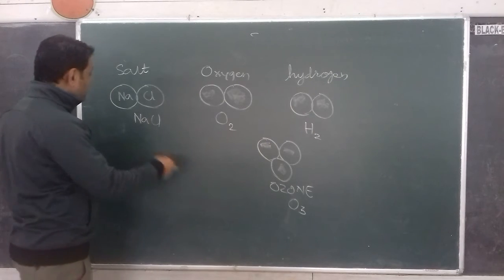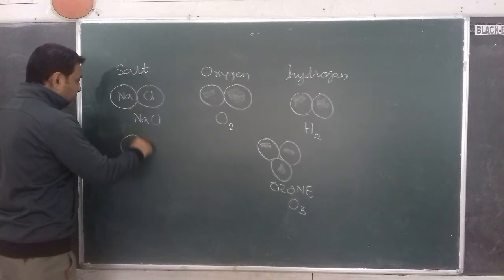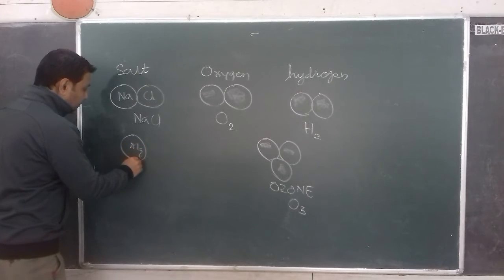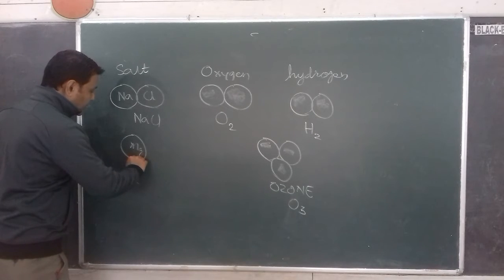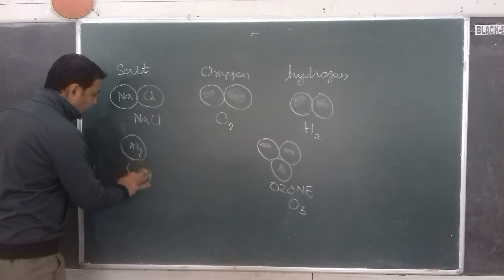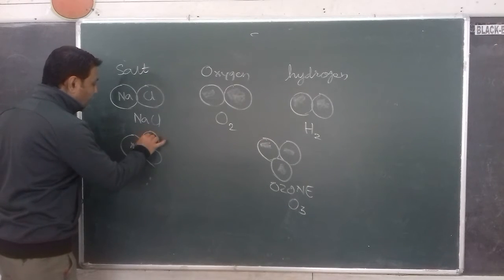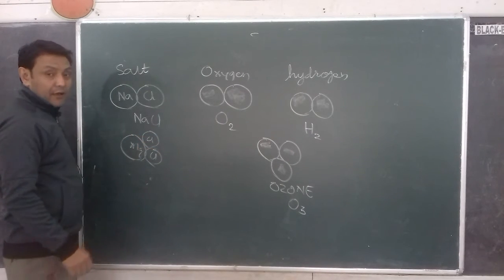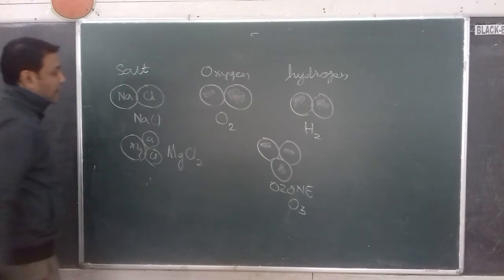Similarly, 1 atom of magnesium and 2 atoms of chlorine will form a molecule of magnesium chloride, another compound.